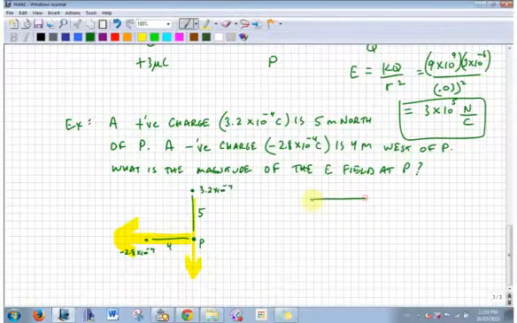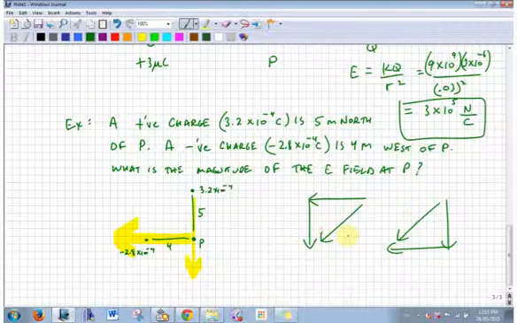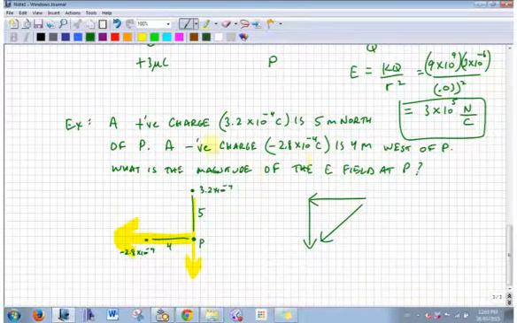So we've got that due to this one, we've got that due to that one, and it doesn't matter. You can draw them like that too, but the resultant in both cases is like that. But I don't care about the direction. I just want the magnitude. Well, what is this one here? We've got K Q over R squared due to that guy, which is 9 times 10 to the 9.